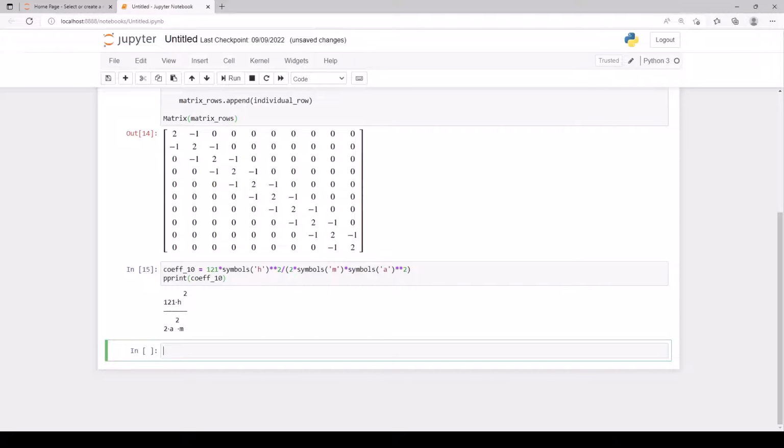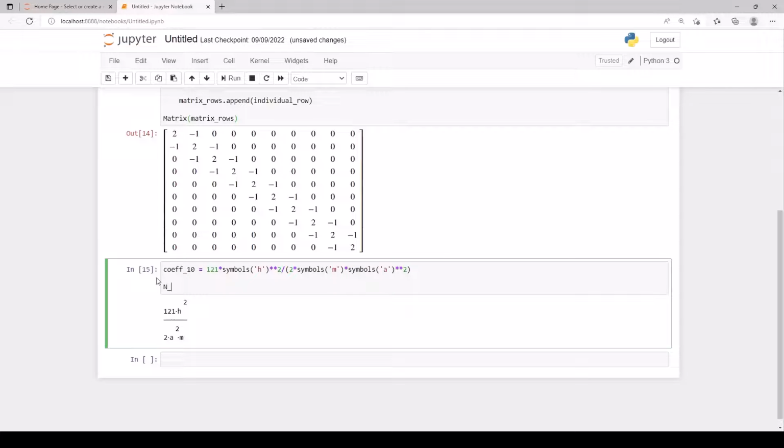Okay, good. Now, our actual matrix. This is going to be n10, and I'm going to set it equal to coefficient 10 multiplied by matrix rows, subtracted by symbols E. This is the energy multiplied by the identity matrix, which is called identity in SymPy, and then the number of rows and columns.